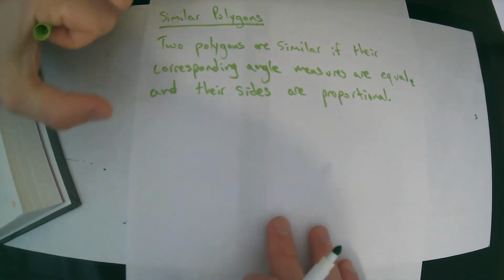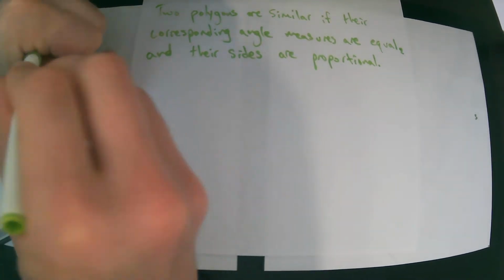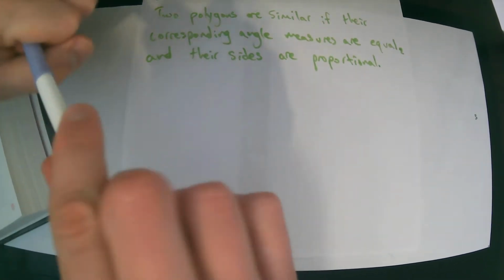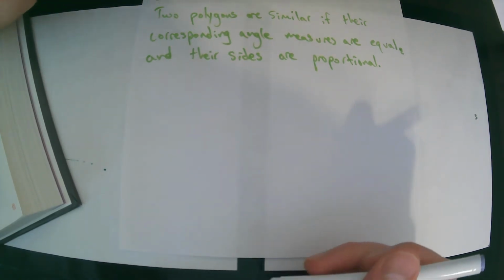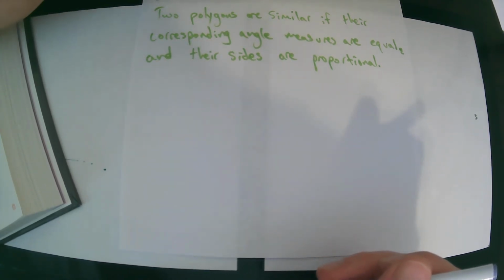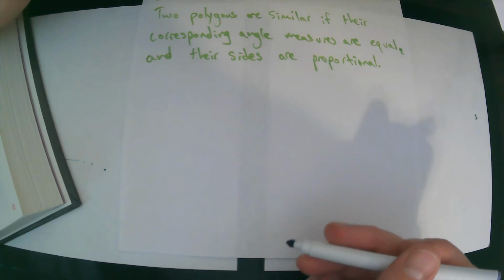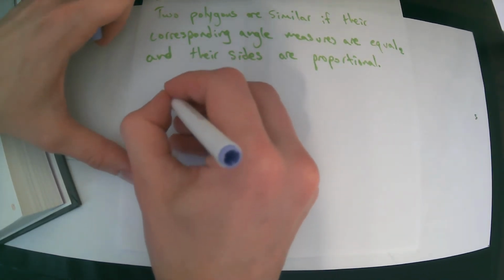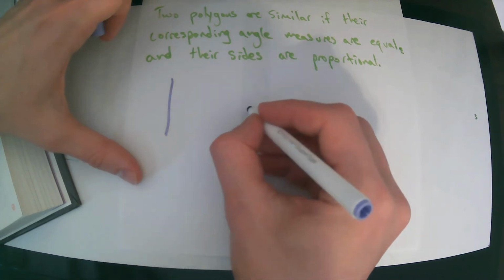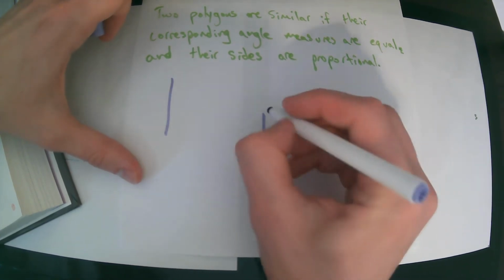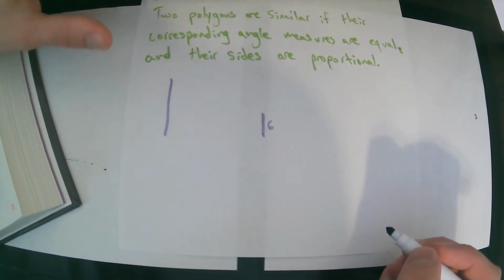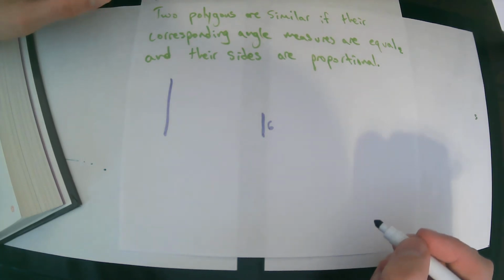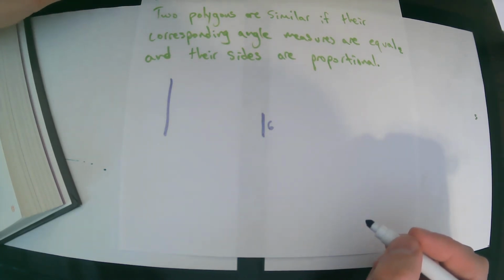Okay, so example 1 says we have this situation where we have a man who is 6 feet tall standing 20 feet from the base of a tree. So let's get this measured out. We have the tree here, we have the man here. This is 6 feet. The sun shines on the tree and the man and casts a 30-foot shadow.